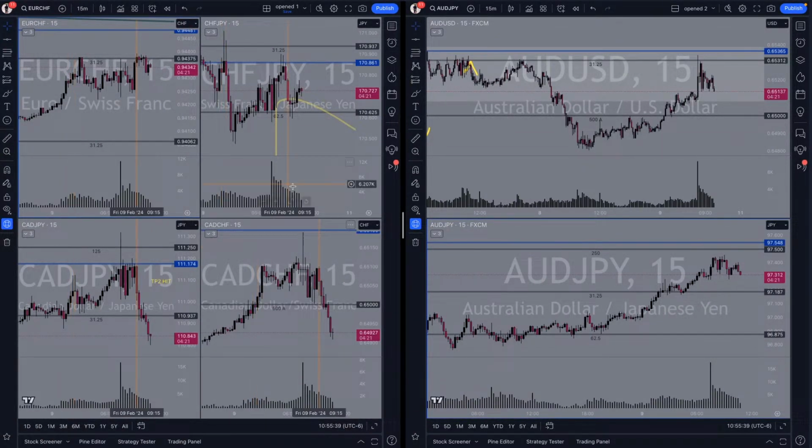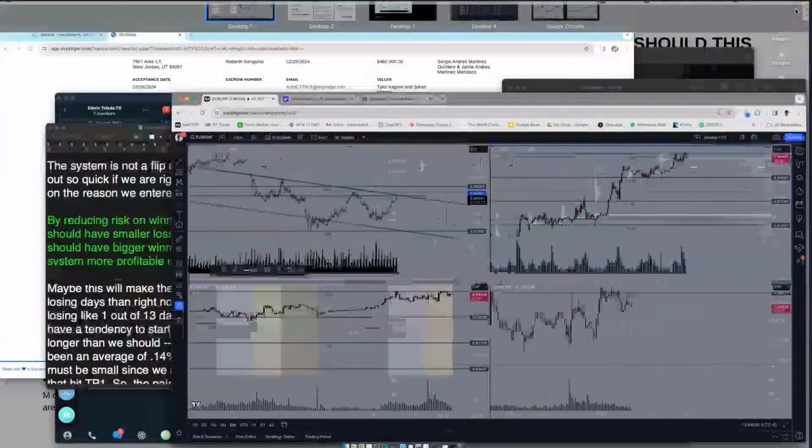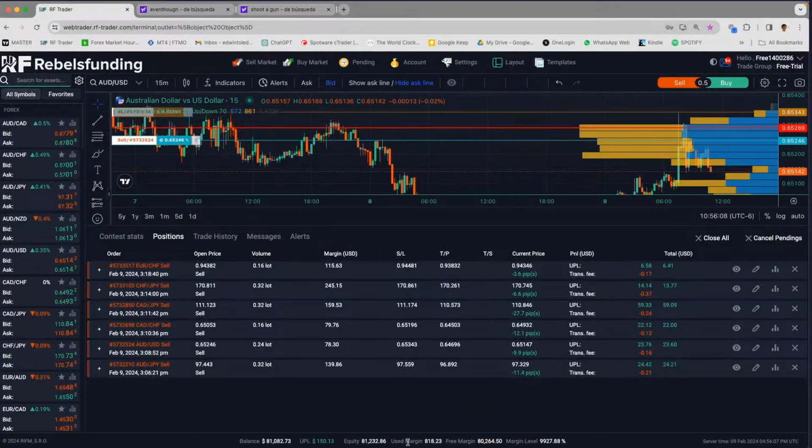So AUD USD is going down, but CAD CHF and CAD Yen are going back, you see. So we secured the back on everything, and we just let one trade open just to see what happened. Of course, let me just see.